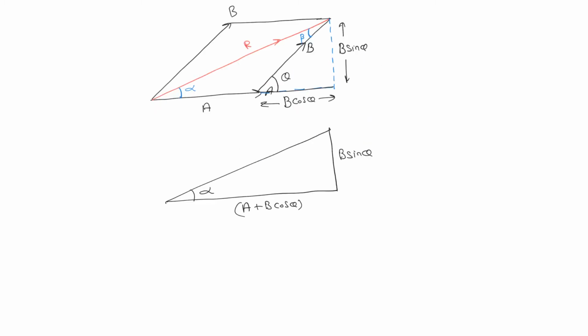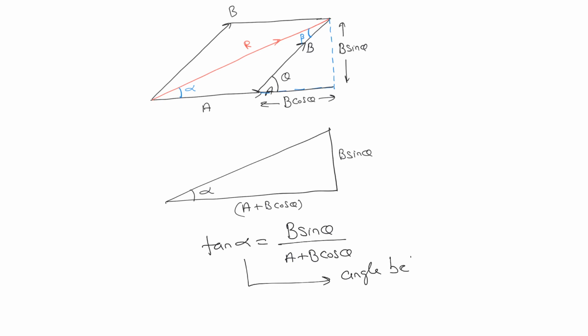So from this triangle we can write tan alpha is equal to the opposite side, that is b sin theta, divided by the adjacent side, that we can take as a plus b cos theta. So over here this alpha is the angle between the r vector, that is the resultant vector, and a vector.